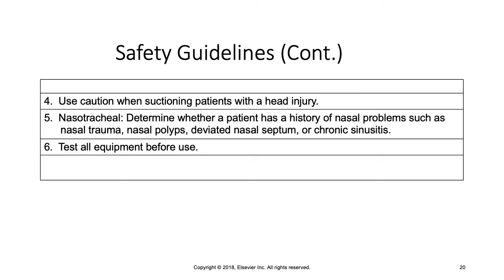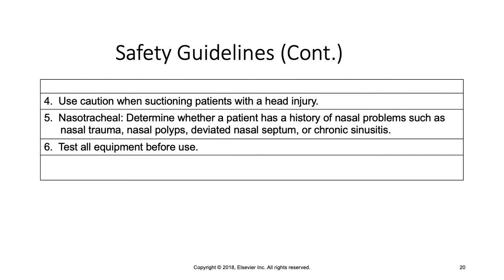Want to use caution when suctioning patients who have had head injuries. Suctioning increases intracranial pressure. So that risk, if you have a patient who's had a head injury and they have an endotracheal tube in place, they're on a ventilator, or a tracheostomy tube on a ventilator, the way to decrease that risk of increasing intracranial pressure is to hyperoxygenate and hyperventilate the patient prior to suctioning.